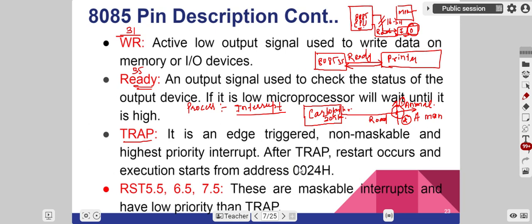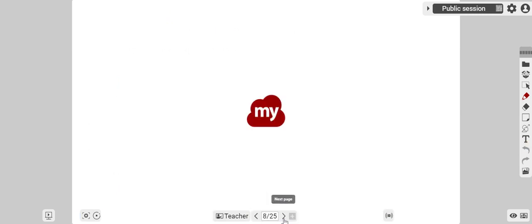Okay. So TRAP is pin number 6, RST 7.5, RST 6.5, RST 5.5 are pin numbers 7, 8 and 9 respectively. INTR is pin number 10. So let's move ahead.